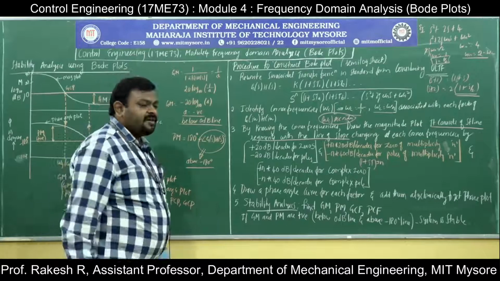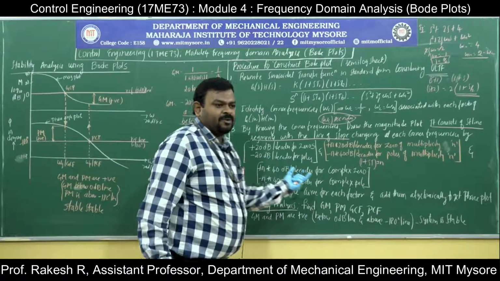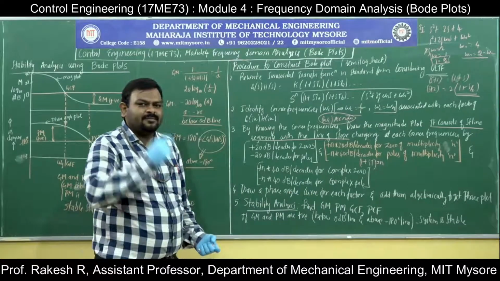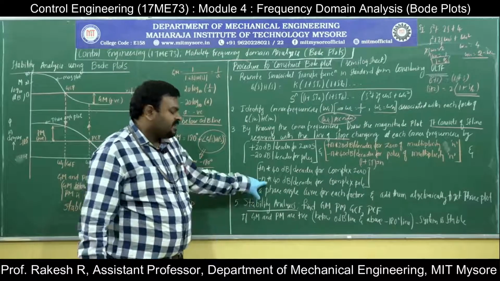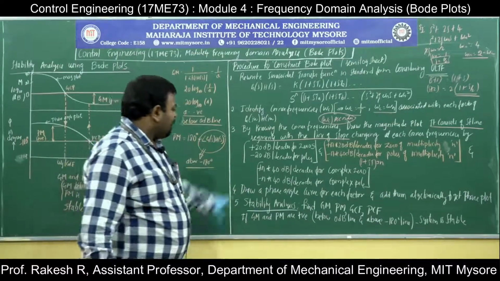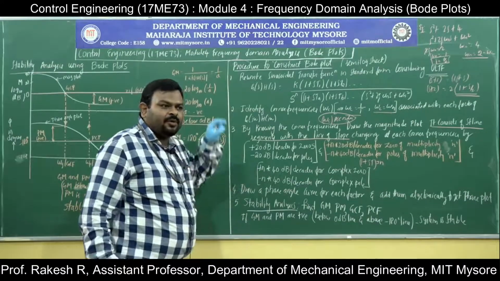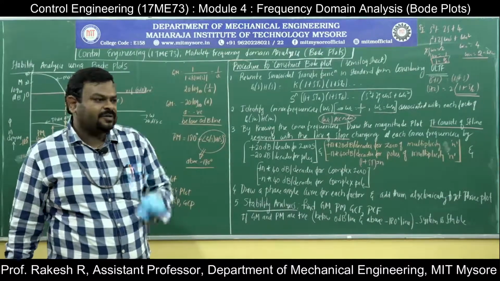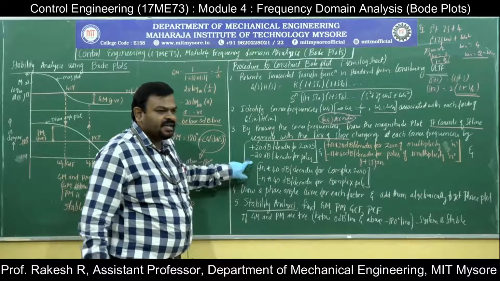Then, if there are complex poles, s square terms will be in the denominator. Since s square terms are in the denominator, the multiplicity will be minus n. So, by looking into this, you have to locate whether it has an s square term or not. This concept is very important here.